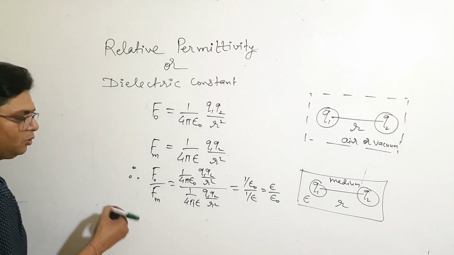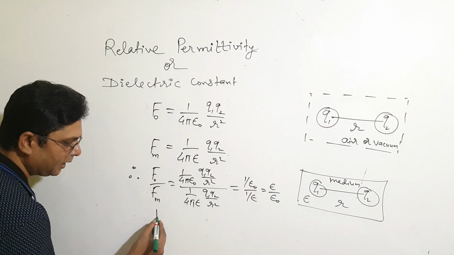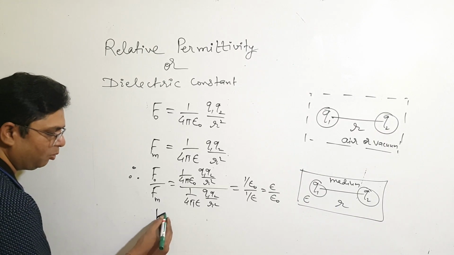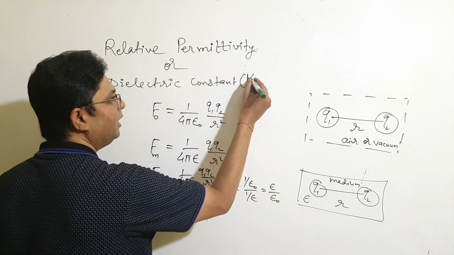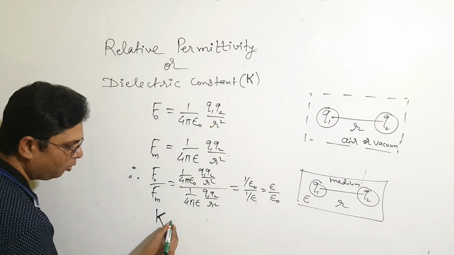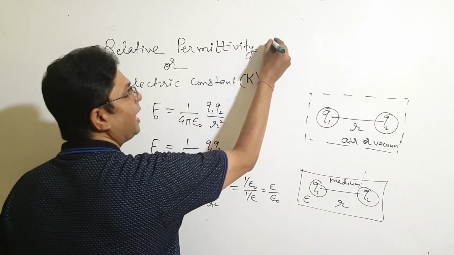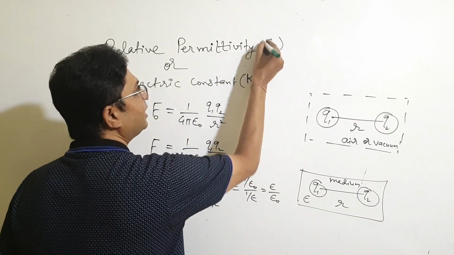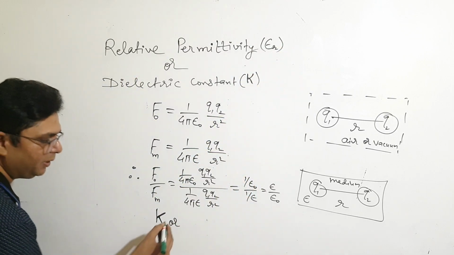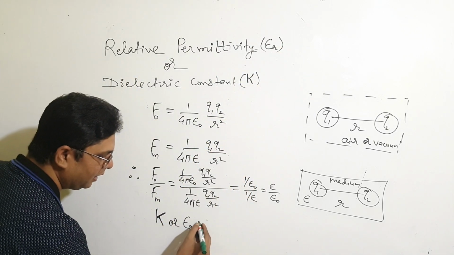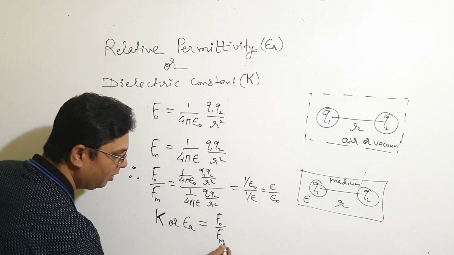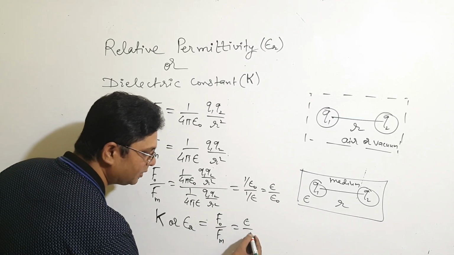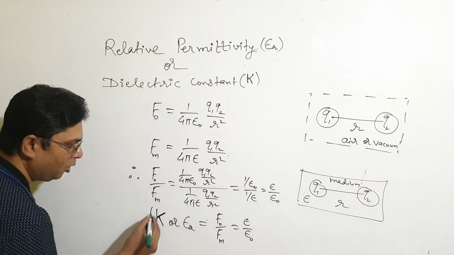So this is said to be K, capital K or bold K. So dielectric constant is indicated by capital K or bold K, or you can say this is epsilon r. Epsilon r is relative permittivity. This is equal to F naught by Fm, which is equal to epsilon by epsilon naught.